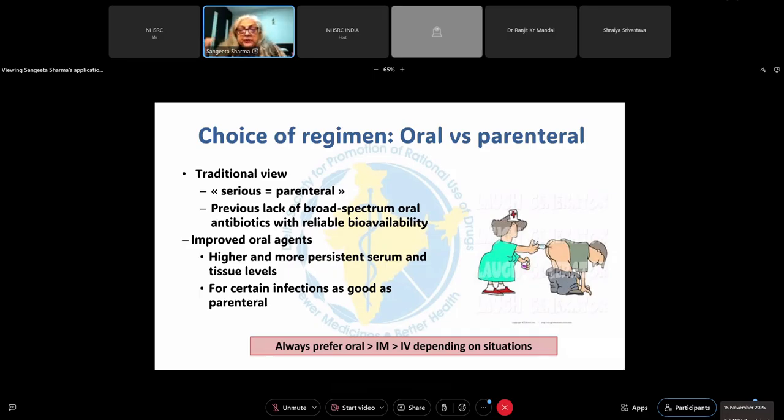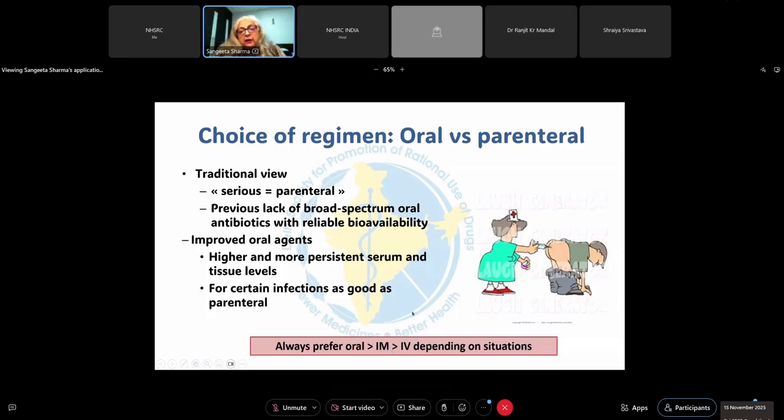So this means the patient stays in bed for a longer time, with more opportunities for getting infections. So if possible, if a good oral agent suitable for that patient is available, one should prescribe oral as far as possible. So always prefer oral over IM or IV.